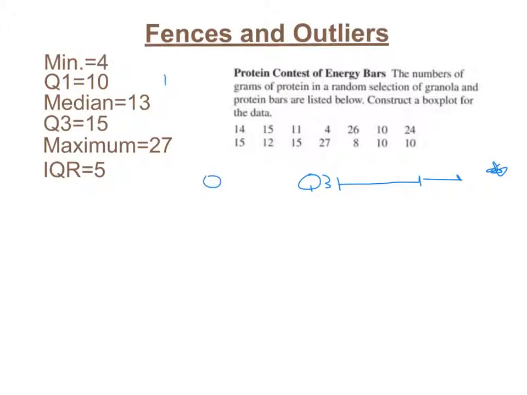Then you look at Q1 and you go 1 IQR and then down one more half IQR. If you have a number down here, it's an outlier. Outliers are unusually large or unusually small data in your set compared to the rest of the data. So we define that as 1.5 times the IQR.